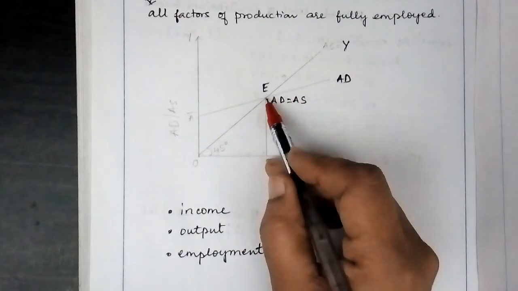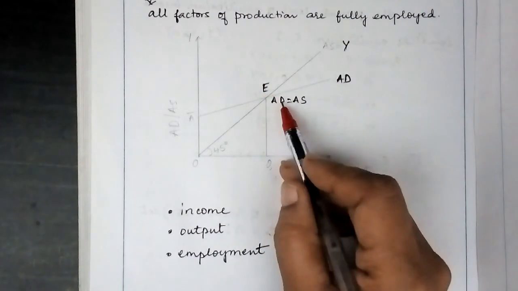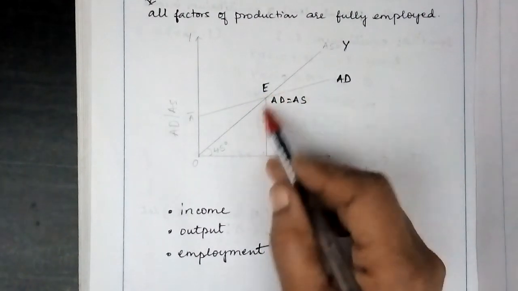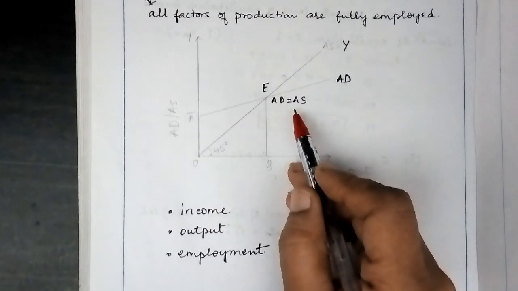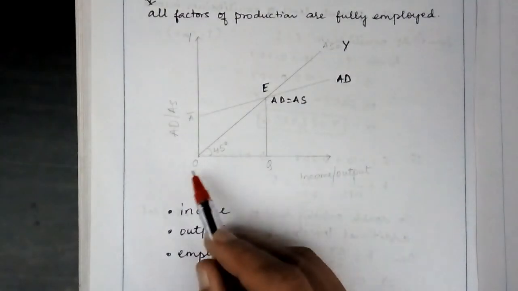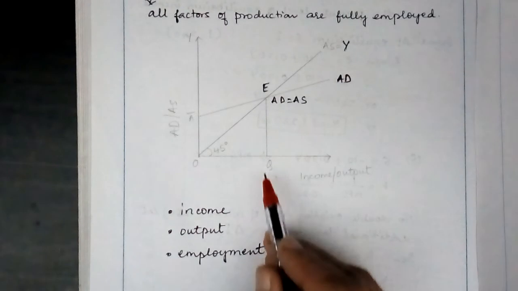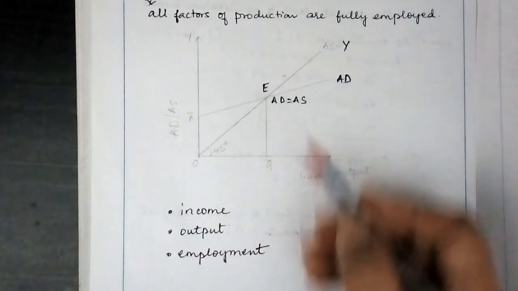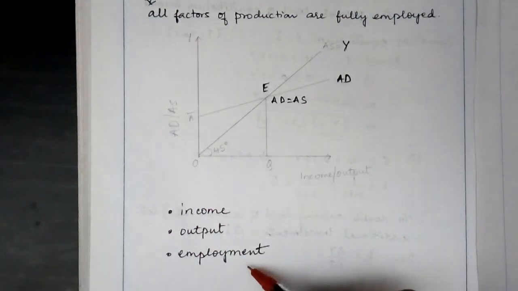The point where the AD curve meets the AS curve, we call it equilibrium because at this point AD is equal to AS. So this is a situation of full employment when all the resources are fully used, the output being OQ. Any change in this equilibrium would bring about a change in income, output, and employment levels.